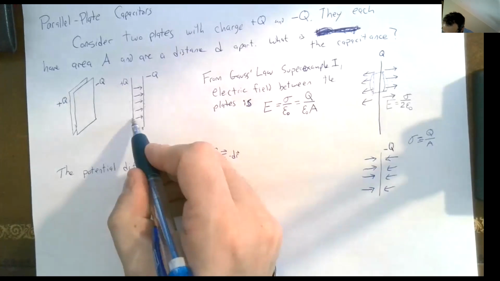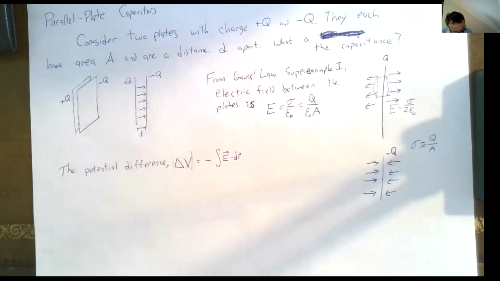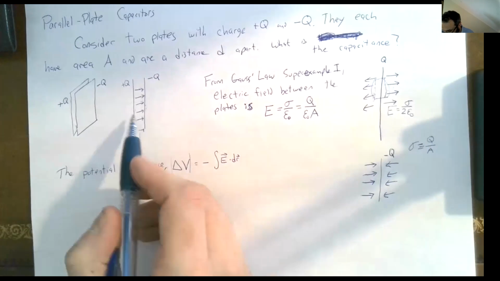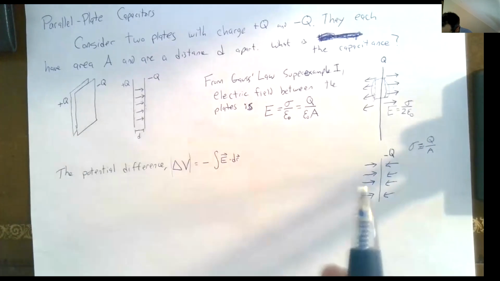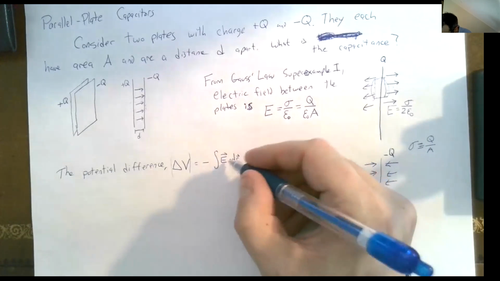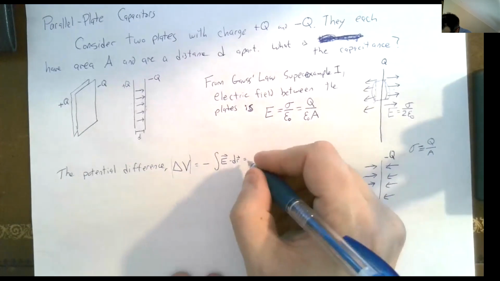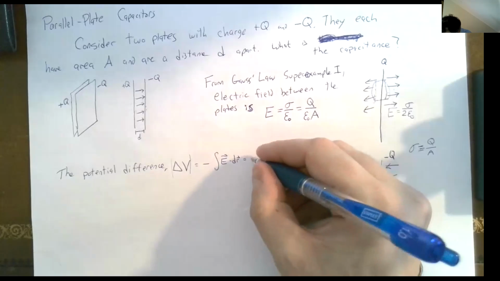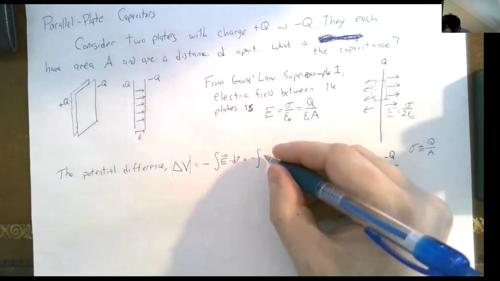If we integrate the dot product of the electric field with the distance, we'll get our potential difference. This is simple to do in the case of these parallel plates, because the electric field is always uniform and points just to the right. So when we take the dot product, the electric field and the dr are going to be in the same direction. So it just becomes E dr, or E dx really, because our direction is along the x-axis.